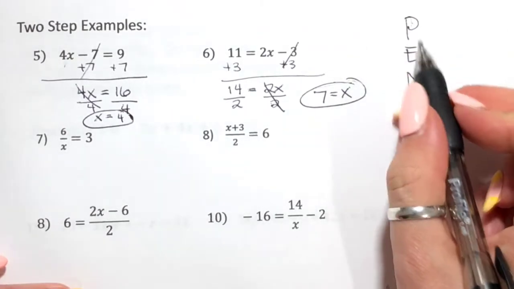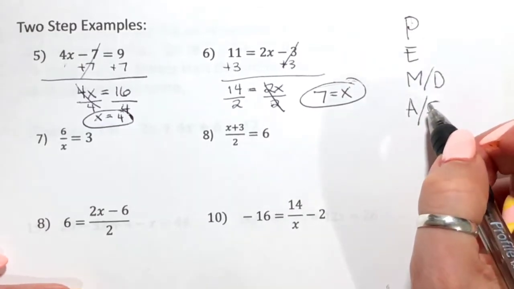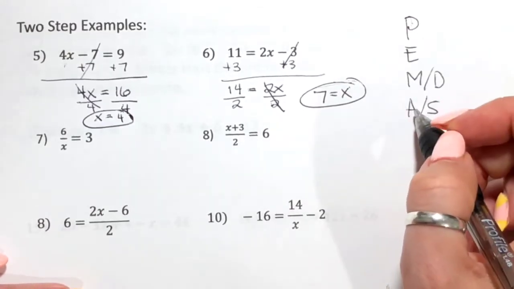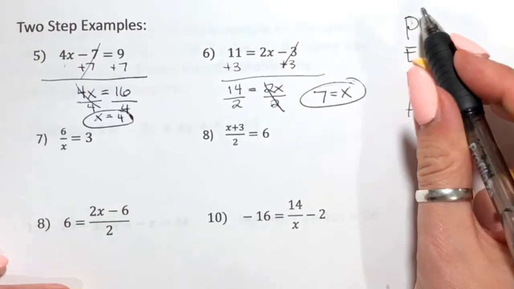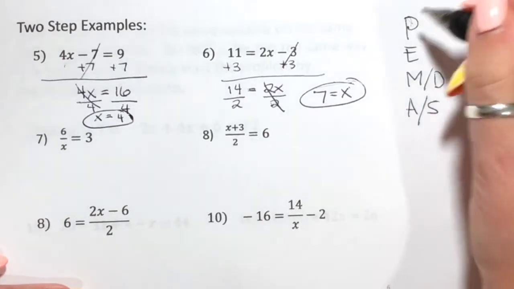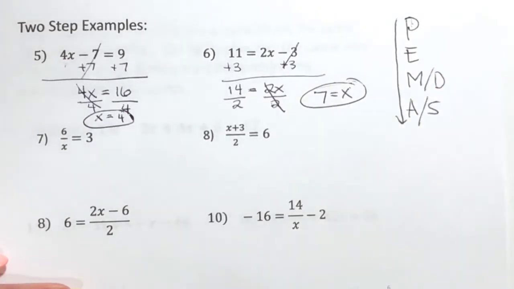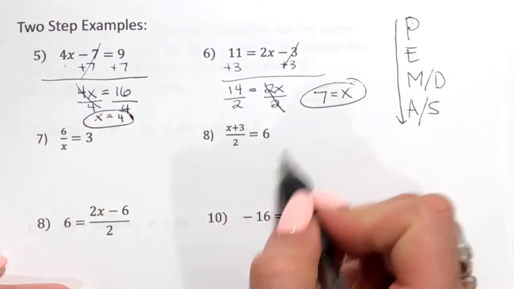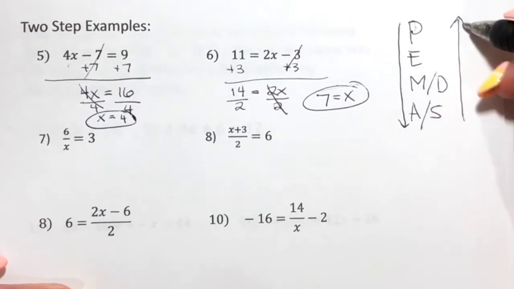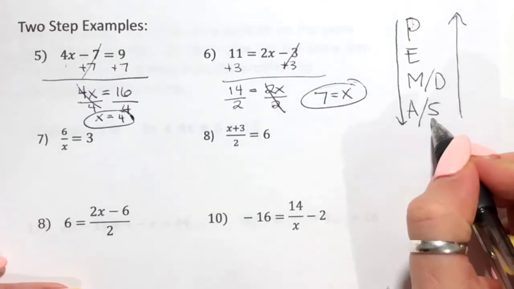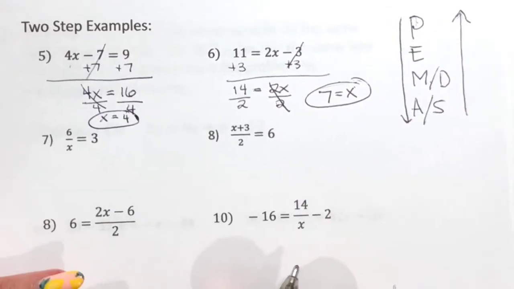So when you're just solving a problem that has just numbers in it, no variables, like 5 plus 2 divided by 7, you use this order of operations where you go from P down to your add and subtract step. But when you're solving for a variable, an equation like this, you actually go backwards. So we're actually starting at our add subtract step, then our multiply divide step. So just kind of keep that in mind.